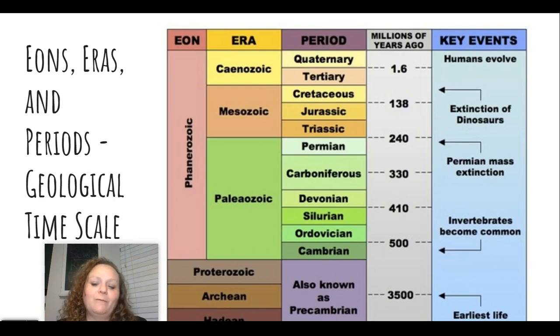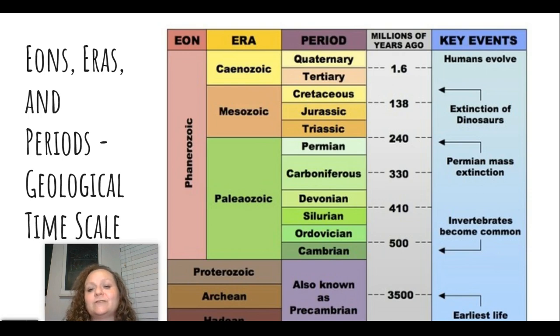So if you take a look at some of the key events, earliest life shows up there at the bottom. Invertebrates start to become common a little more than 500 million years ago. The Permian mass extinction, which takes place during the Permian, right before the Triassic, you can see that there.